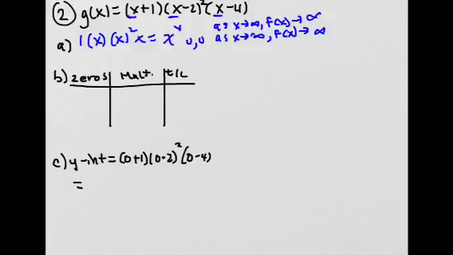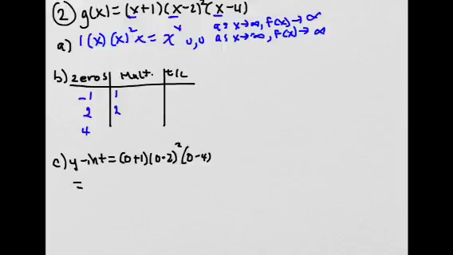For the zeros, we go to each factor and ask ourselves what value of x makes that factor a 0. So for x plus 1, it's negative 1. For x minus 2, it's positive 2. And for x minus 4, it's positive 4. The multiplicity of negative 1 is 1, because the degree of that factor is 1. The multiplicity of 2 is 2, because the degree of that factor is 2.